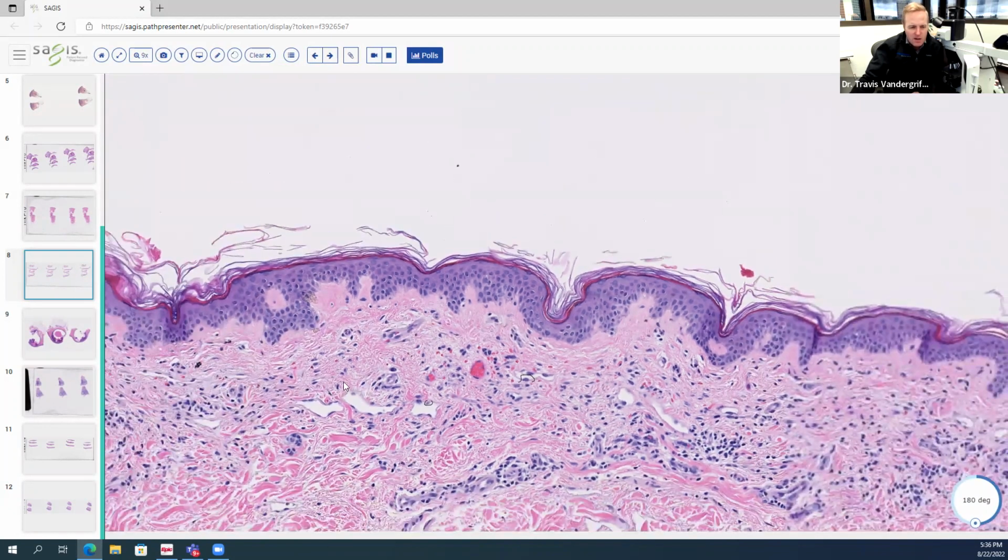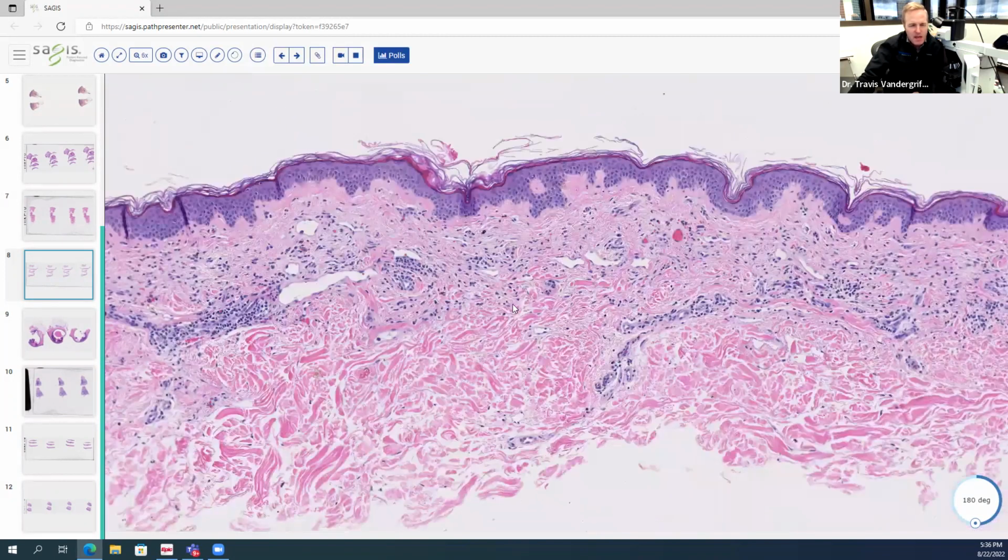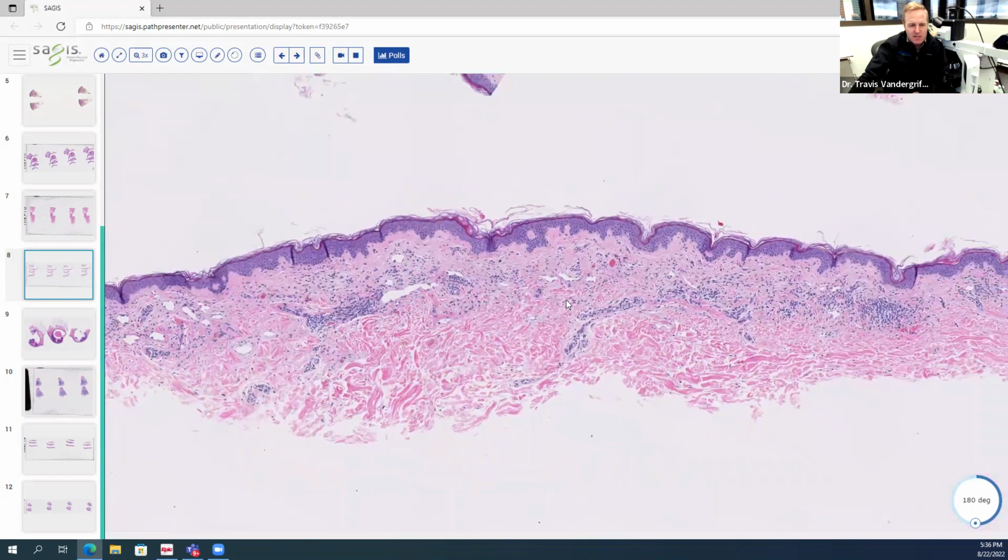Targetoid hemosiderotic hemangioma, the synonym, is a name that captures the clinical appearance, which is a brown papule that has a targetoid appearance. So a lot of times when these are biopsied, they are clinically thought to represent melanocytic neoplasm.